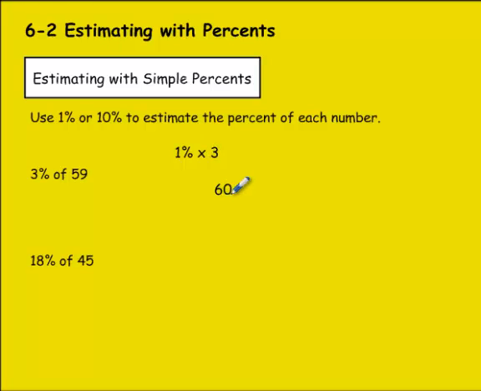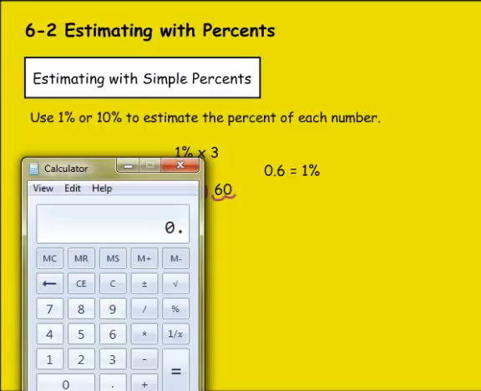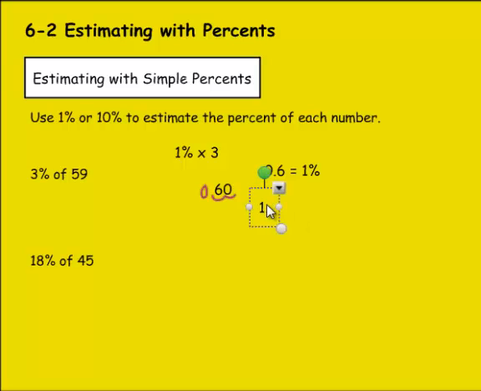Well, 1% of 60, if we move that over, would be 0.6. So 0.6 equals 1%. And then remember, we got to do the 1% times 3. So 0.6 times 3 would be 1.8. So 1.8 will be our answer here. And we're going to say about 1.8.